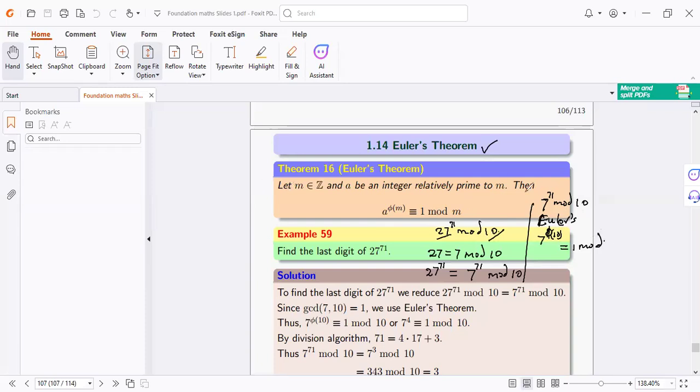Yesterday, we looked at how to find the phi of a number. We said that if P is prime, then phi of P will be P minus 1.